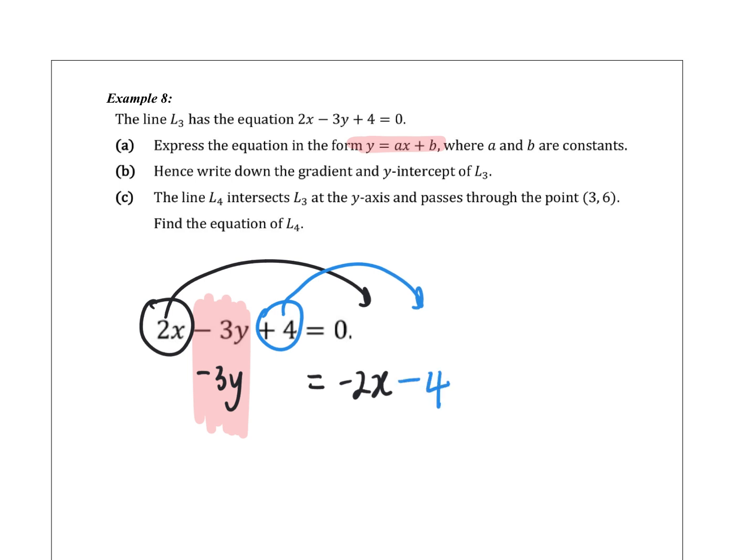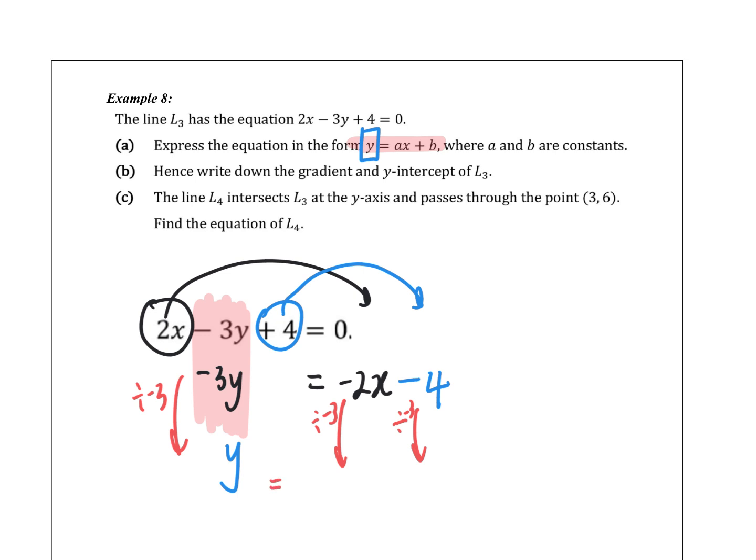So remember when you bring it over to the other side, you always reverse the sign. So the question says I only want y equals something. I don't want 3y. So what should I do? Divide by what? -3. So to be fair, everything you see there, you must divide by -3.